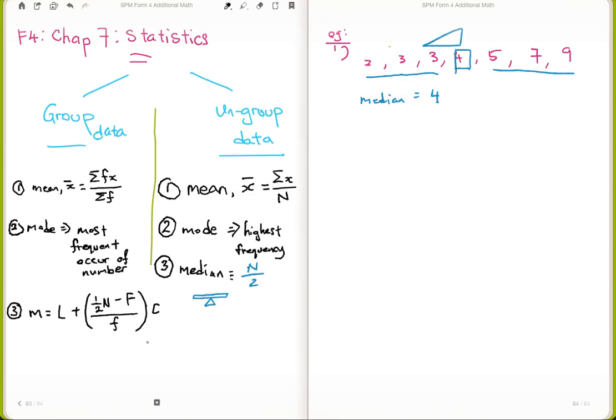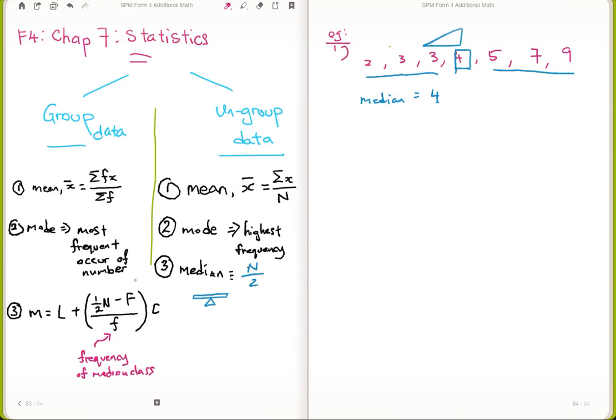Okay, maybe define them. Small f, this is the frequency of the median class.